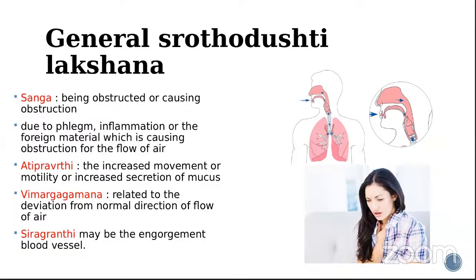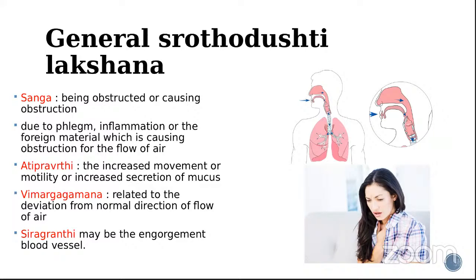There are many causes for this obstruction, such as excess secretion of mucus, what we call phlegm, the presence of foreign bodies, or inflammation. All these reasons ultimately cause obstruction in the airway, resulting in improper distribution of the gases.